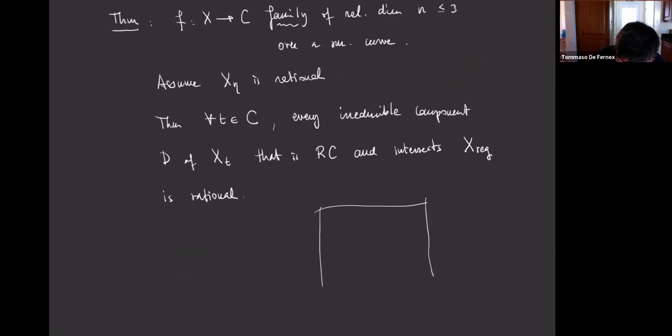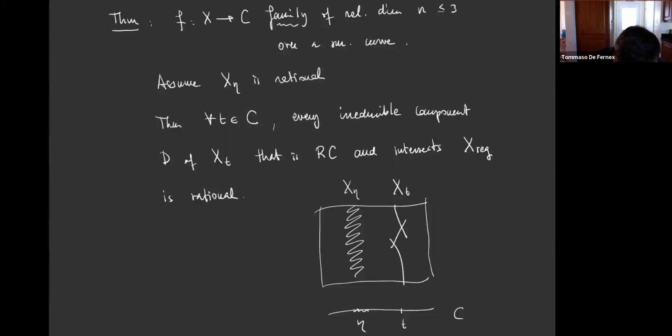This is X. That's a curve C. I know something about the generic fiber, X_eta, which is rational. And then I look at some other fiber, X_t, over a point t. This fiber may have several components, and the components might also come with multiplicity. I just look at one irreducible component.